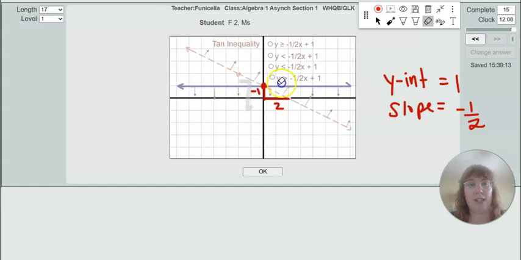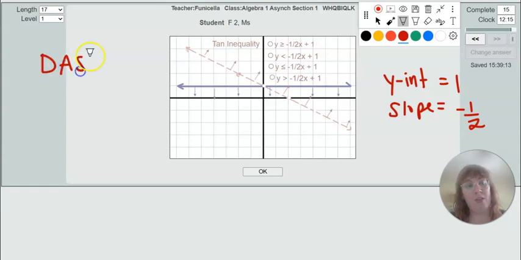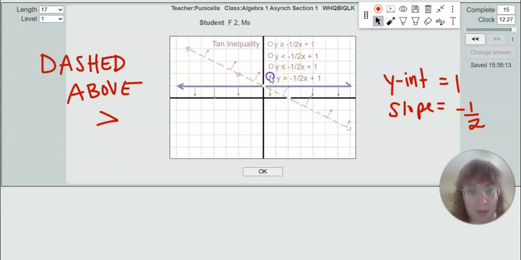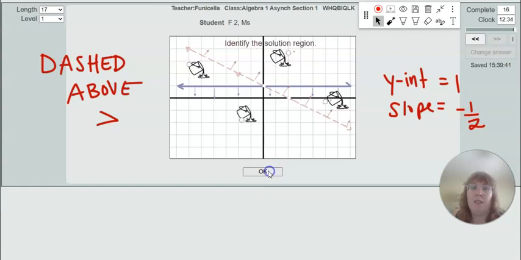And if we're thinking of it as an inequality, if it is dashed and shaded above, it will just be greater than, not greater than or equal to, since it's dashed. So we have y is greater than -1/2x plus 1. Hit OK when you're ready.